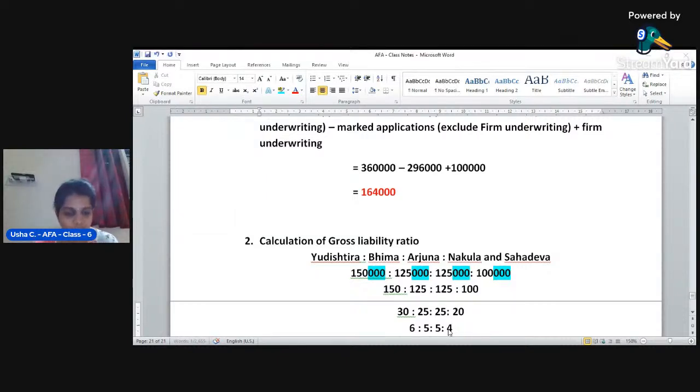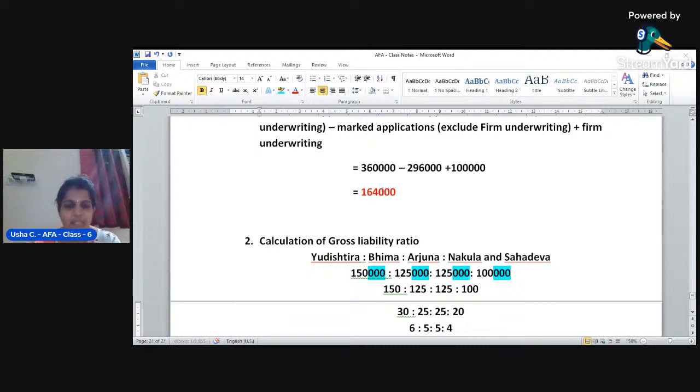Now tell me, is it possible again to simplify from this 6 is to 5 is to 5 is to 4? Is it possible to divide it by 2, 3, 5? All are indivisible items, so we cannot divide it, and this is the final ratio.